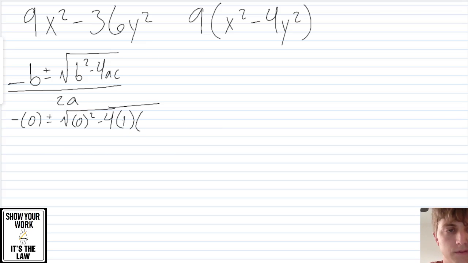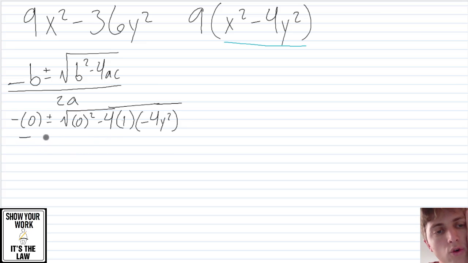Right now, just to reiterate, we are just looking at this part because we've factored out the 9. The 9 will come back later. And then the constant term, meaning the part without an x, is going to be this chunk right here. So negative 4y squared, and we'll just keep going like normal. That will resolve itself later on. Okay, 2, the coefficient on x is 1.